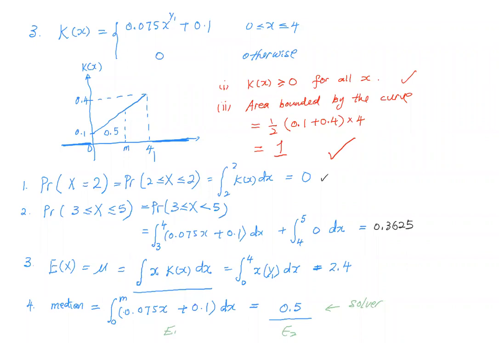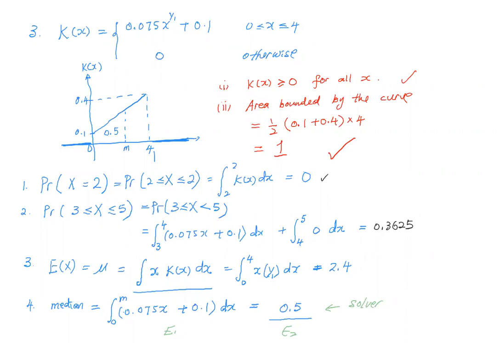For E1, integrate from 0 to X of 0.075X plus 0.1 dx.